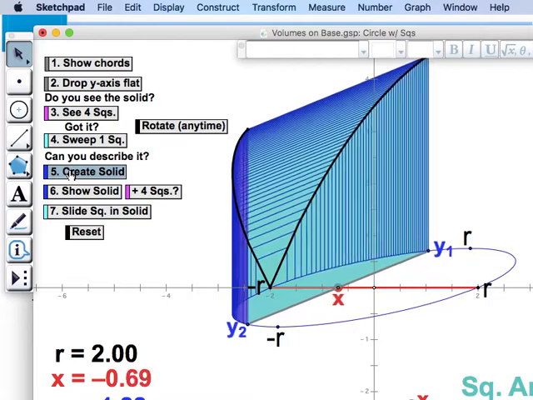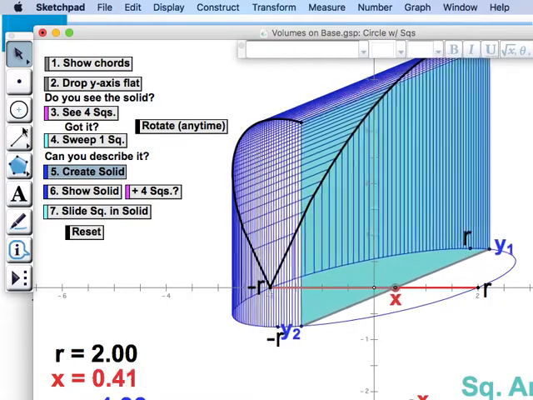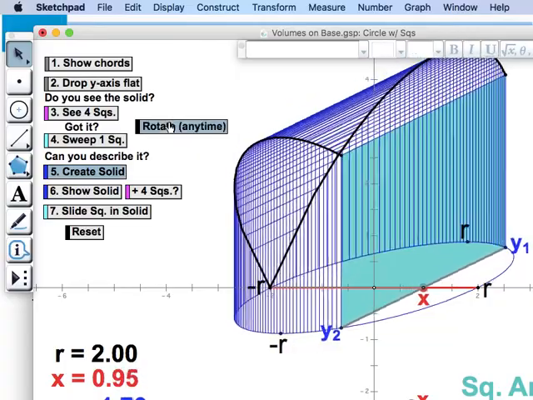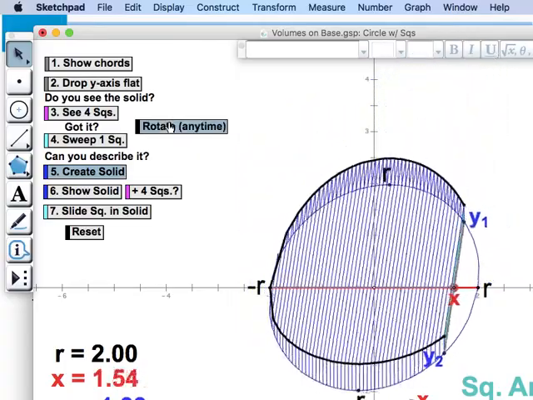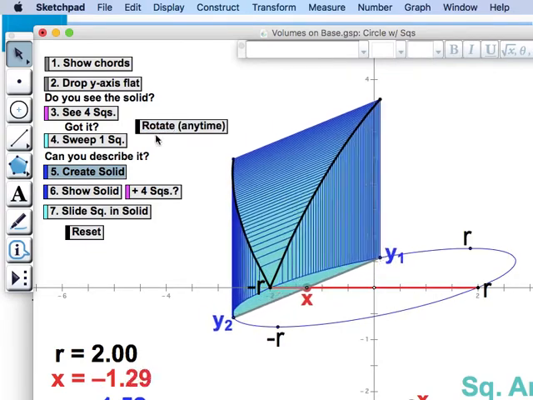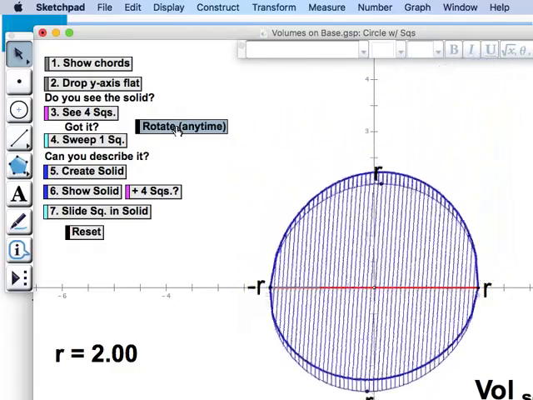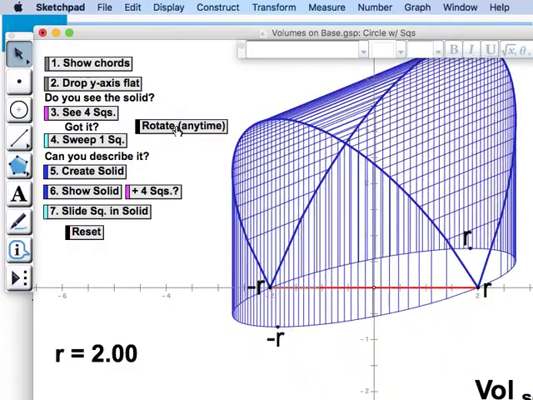It's just got this curved surface over the top of it. So there it is from the top. There it is on the side. Can you stop it? Yeah, I can stop it. Okay. Good. We're going to be able to find the volume of that thing in a little bit.